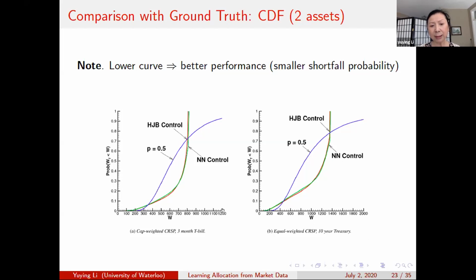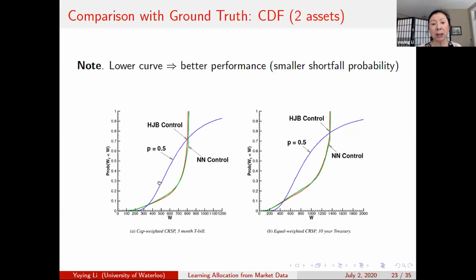The horizontal axis is the wealth level, and the vertical axis is the probability of falling short of that wealth level. The green CDF corresponds to the optimal control computed from the neural network learning approach. The red one corresponds to the ground truth computed from the HJB equation.